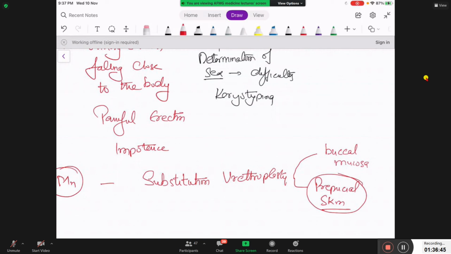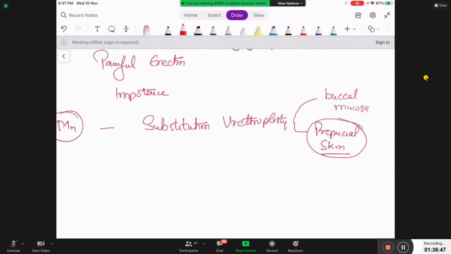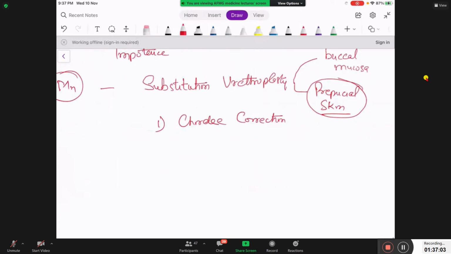Got it? Now, in this surgery, you also need to know, this surgery is done in steps. The first surgery you do will be a chordee correction. You have to first correct the curvature. Then only is there a point of creating a new urethra.